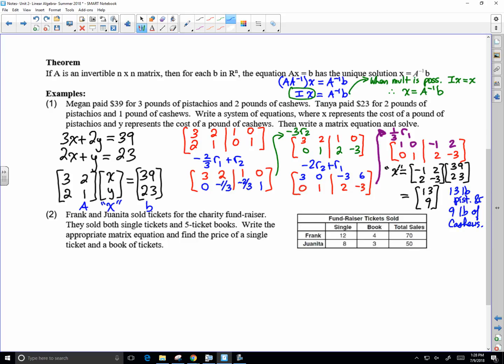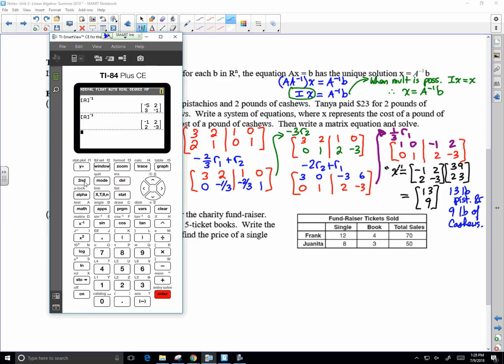Do the quick checkaroo here. I'm going to store this into matrix A. Matrix B, I need 2 by 1: 39, 23.